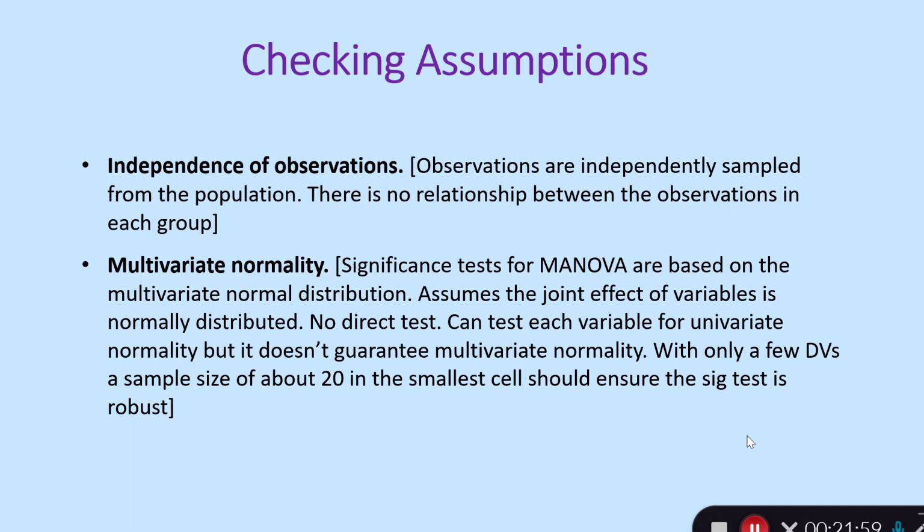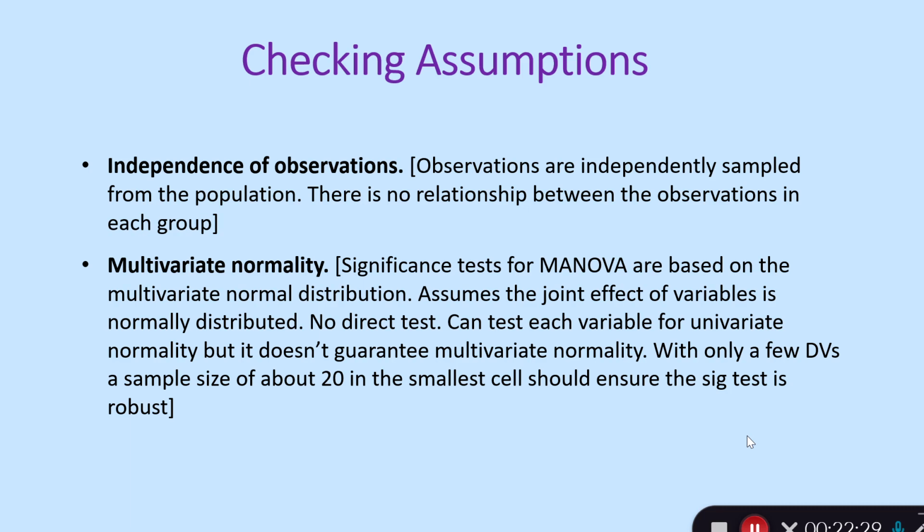If our data is sufficiently large and has been sampled randomly, our data points are largely going to be independent. They're going to be drawn independently from the larger population, and that assumption will be met.